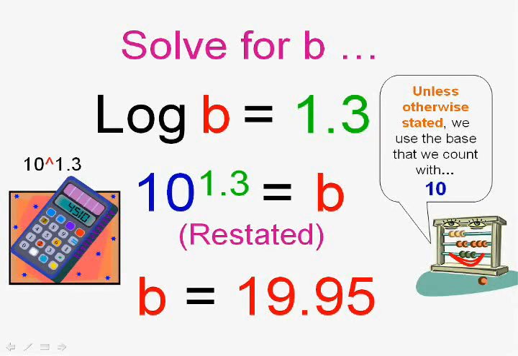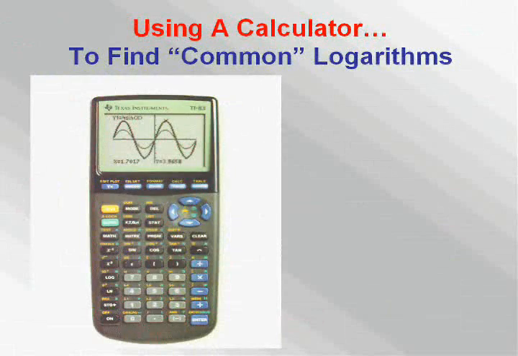Now if you look at your calculator, you'll see that there's no base listed on the LOG button as well. That's because that's a common log. To use your calculator to find common logarithms, we're going to use this button right here, the common log button, LOG. You'll have to hit enter to tell it you're done typing the number.